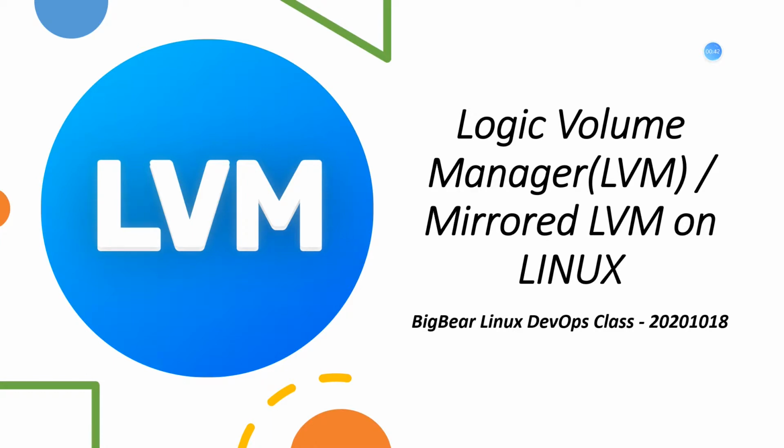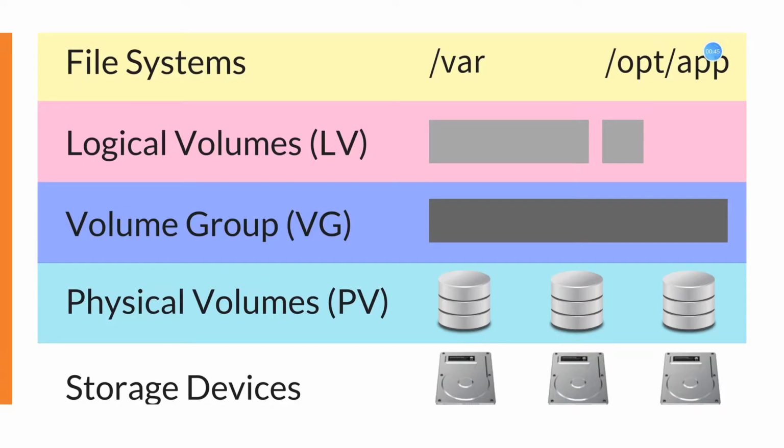Before we move on to the topics, let's take a look at the basic structure of the logic volume. From this picture we know that at the very bottom are the storage devices. Then we create the PVs, the physical volumes, based on the storage devices. Many PVs construct the VG, that's the volume group, and then we create the logic volumes using the space from the VG.